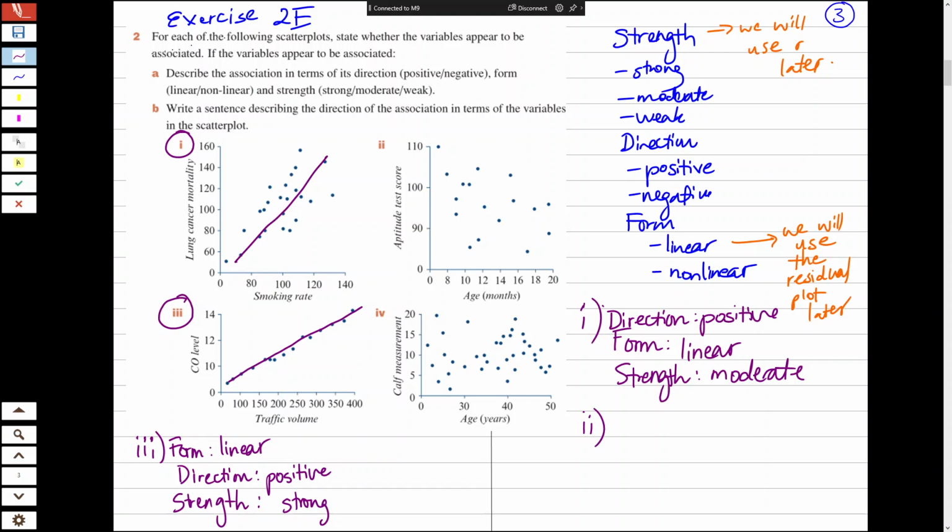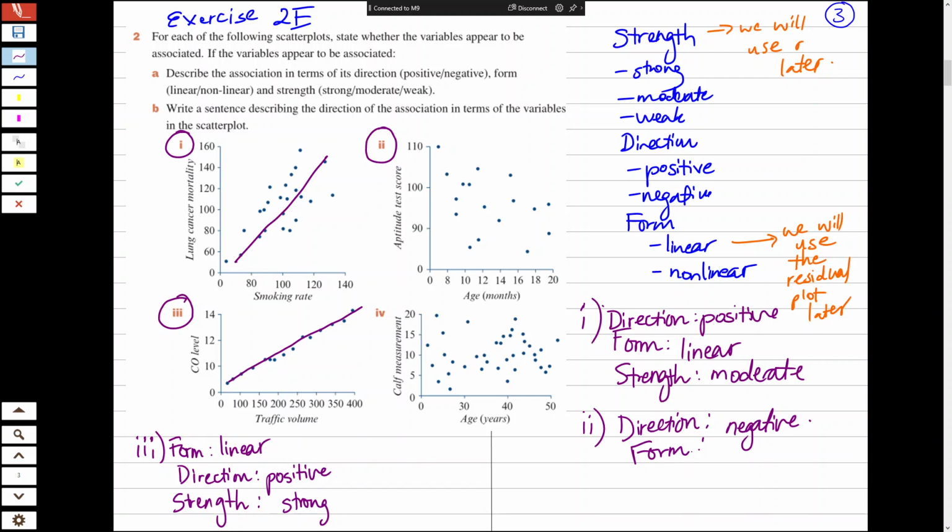Okay, number 2. I think direction's the easiest one. Negative. So why is it negative this time? Because when X increases, on average, Y decreases. Okay, form. So this one's interesting.